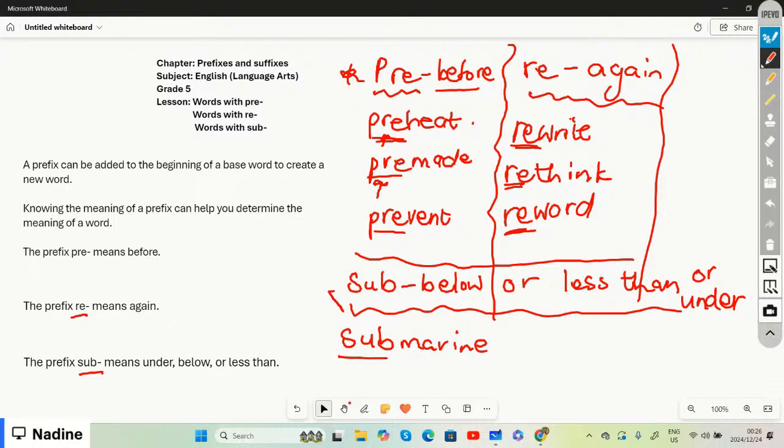And you know what a submarine is, something that goes underwater. So something that goes underwater, and there we have the word sub means either below, it means less than, or it means under. So a submarine is something that goes under the water. So submarine, it either means something about under.